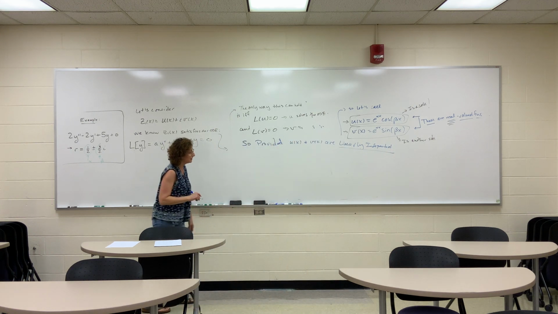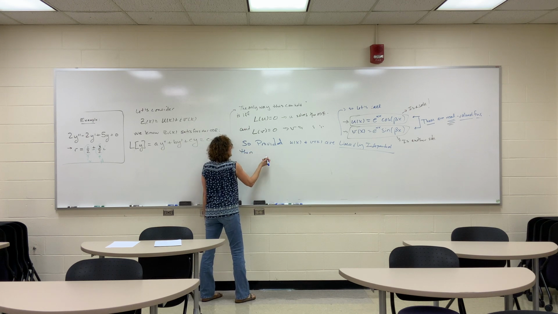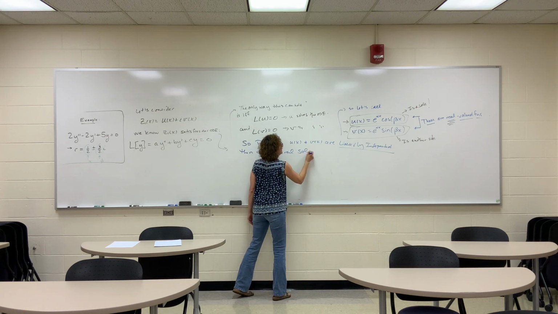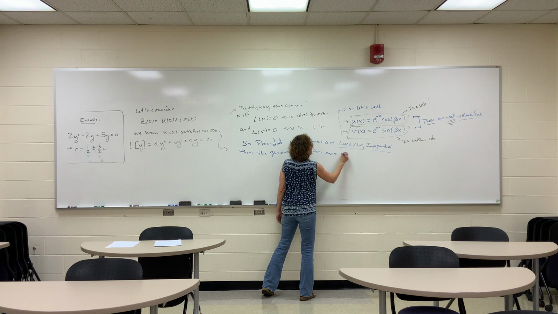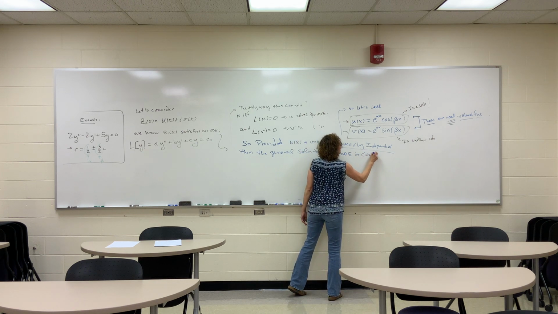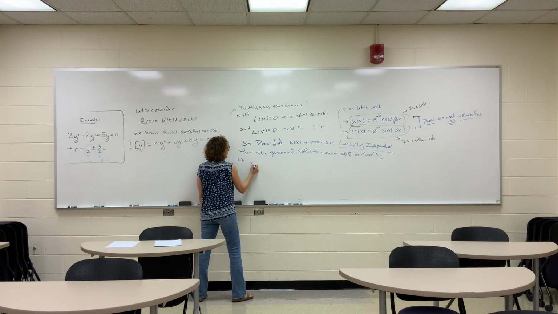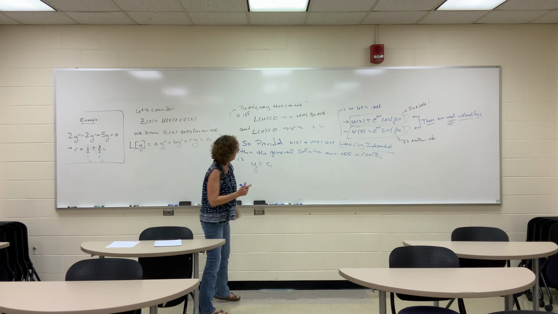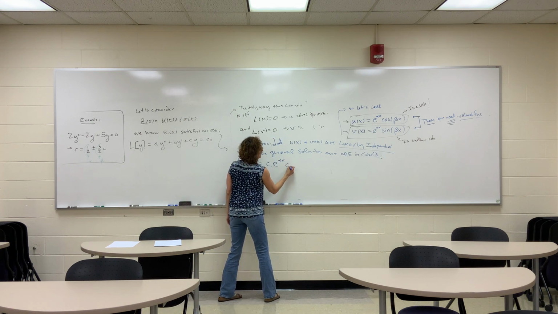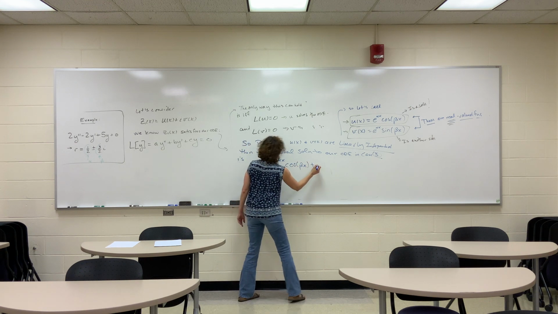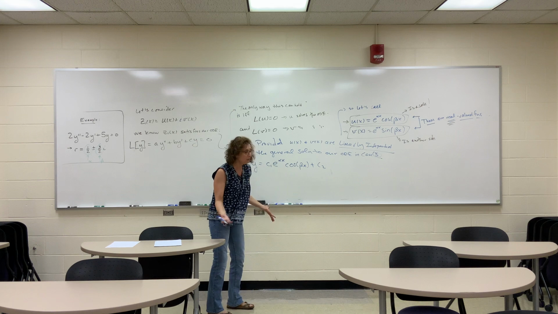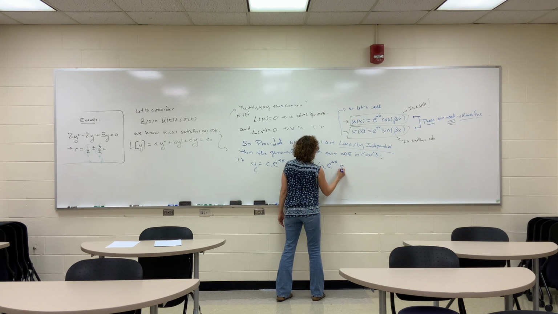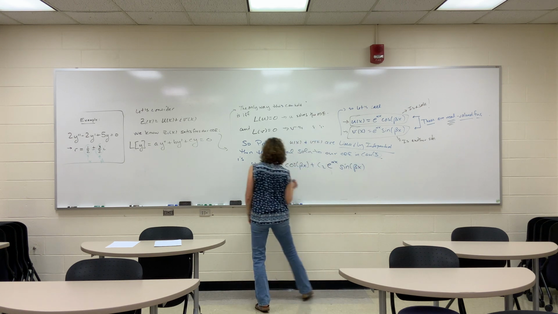Provided u of x and v of x are linearly independent, then the general solution to our ODE in case 3 is y is c1 y1, where y1 is u, e to the alpha x cosine of beta x, plus c2 y2, what is our y2? v, very nice, e to the alpha x sine beta x.